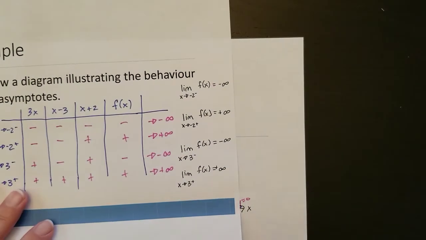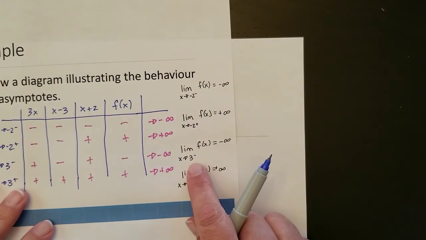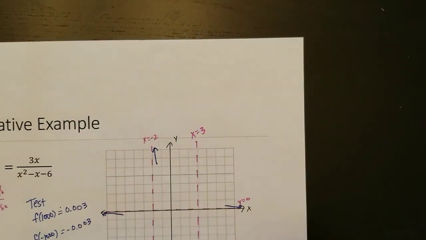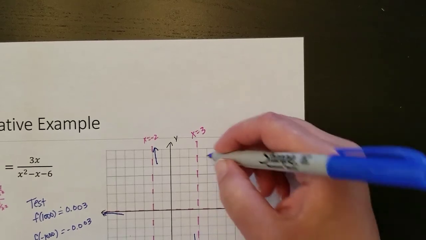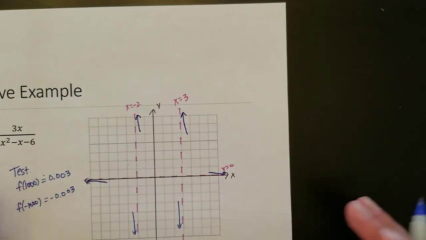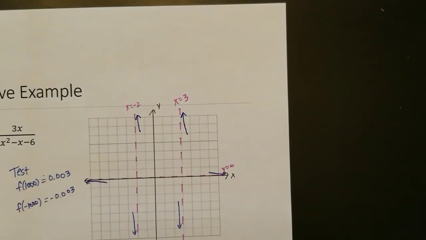Now the 3 from the left side of the asymptote at 3, it was going to negative infinity, and from the right, it was going to positive infinity. So kind of like that. And once you get that, we can actually do a really pretty reasonable graph here of this function.